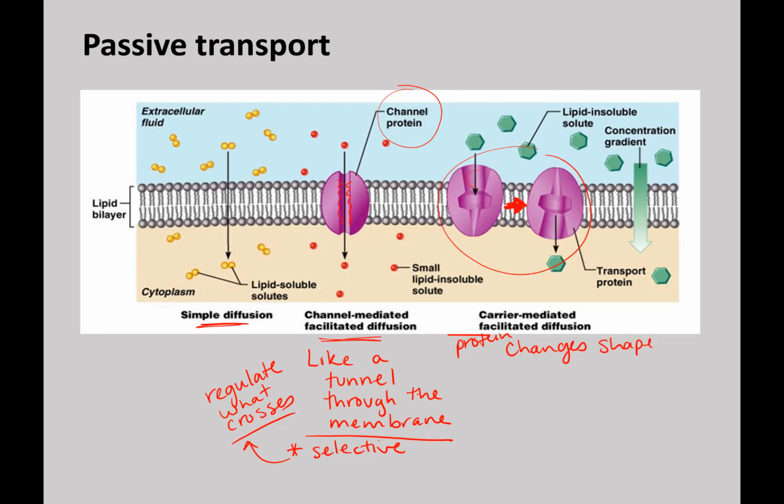So it grabs a molecule on this side of the membrane, changes shape, and releases the molecule on the other side of the membrane. This is still going from high to low, so this is still passive transport, and we use the term diffusion for solutes.